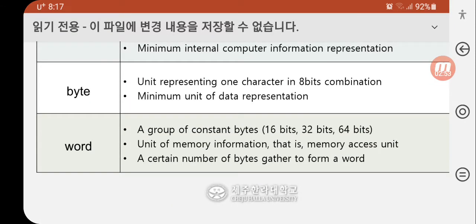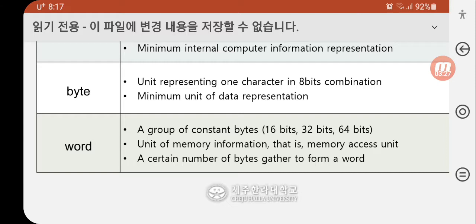Next unit is nibble. A nibble consists of 4 bits continuously gathered in a memory space. And byte, a unit that expresses one character with a combination of 8 bits. The smallest unit of data representation. What is the basic unit when information in a computer is stored and computed?